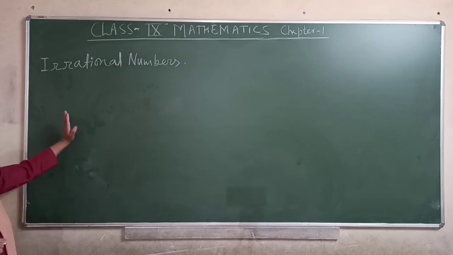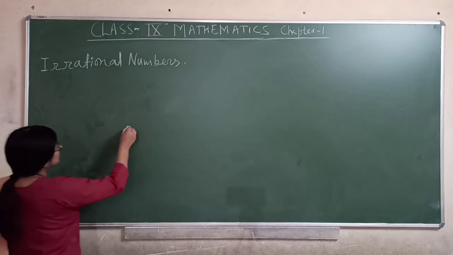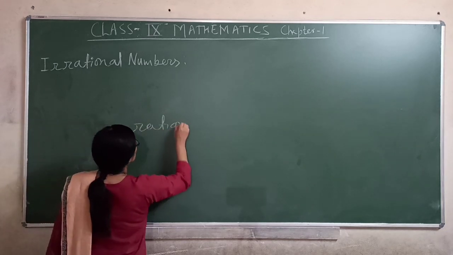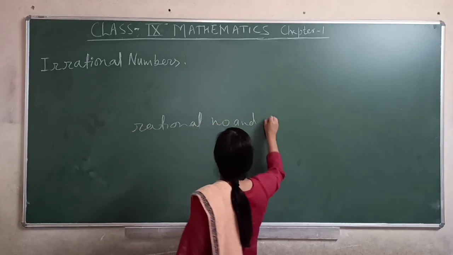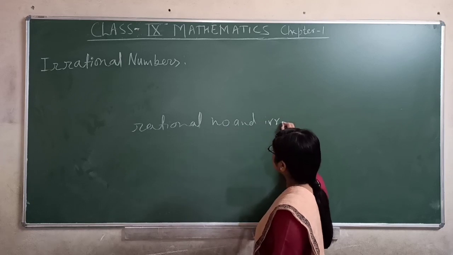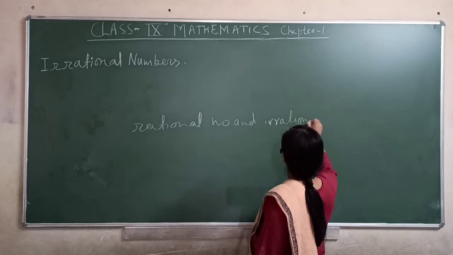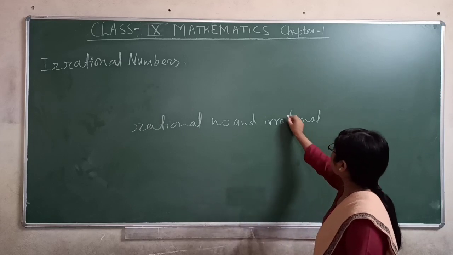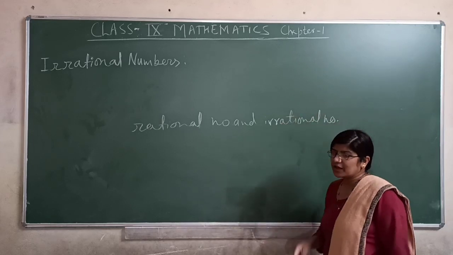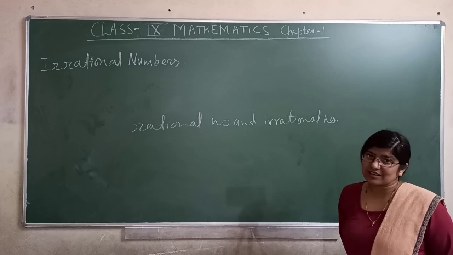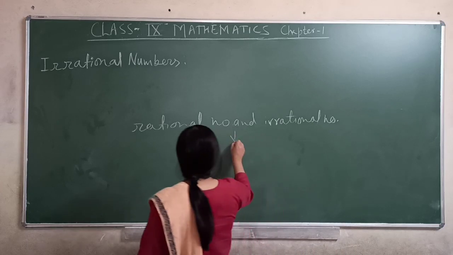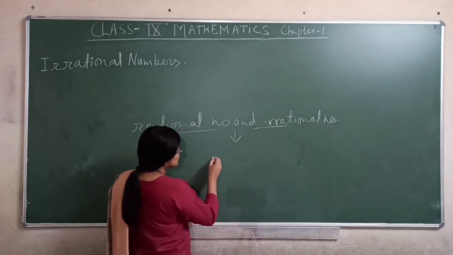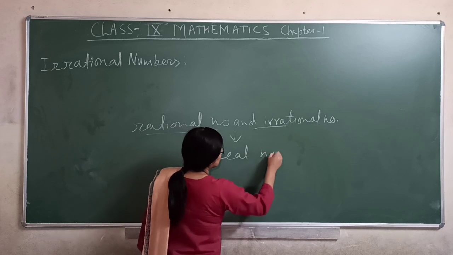Okay. So we can show rational and irrational numbers on the number line. Combinedly, rational numbers and irrational numbers are called real numbers.